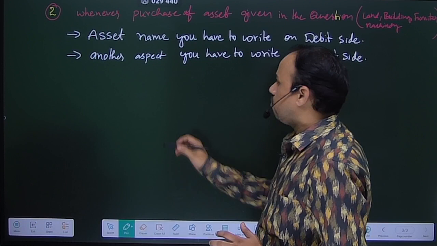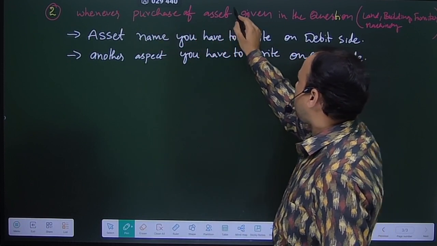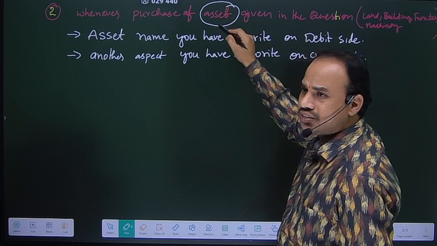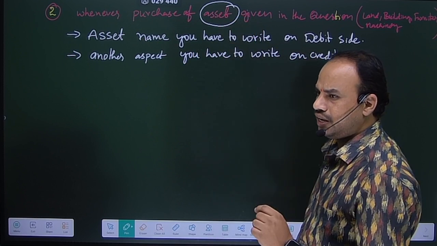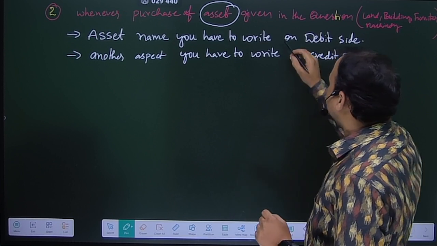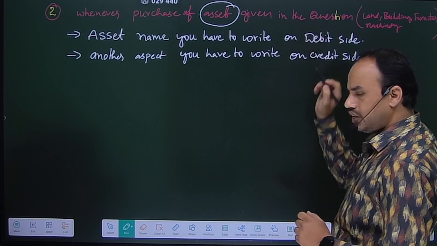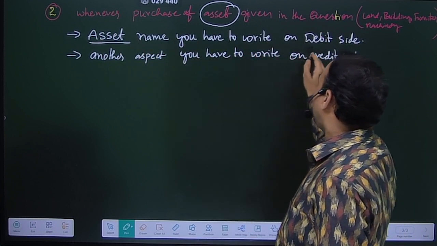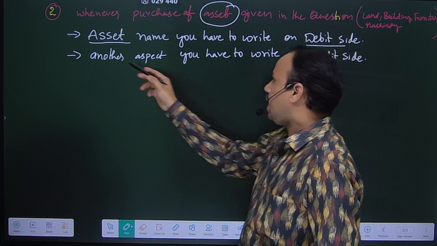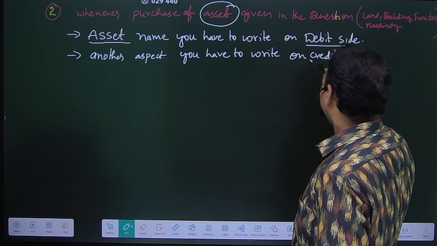See, once again we will see the question. Whenever we have to purchase an asset, whenever purchase of an asset is given in the question, the asset name you have to write on the debit side. The other aspect, whether it is cash or credit, you have to write on the credit side.